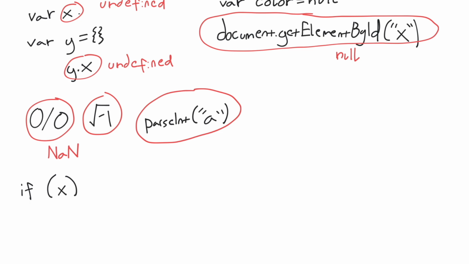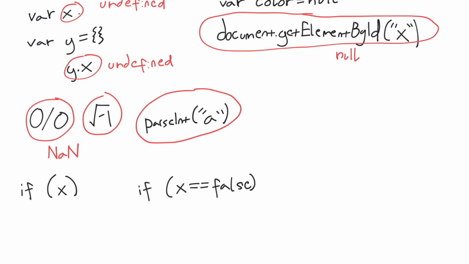So how can we check for these values in a more clear and precise way? If we would say if X equals false, you'd think that that might be more clear. But there's a problem. This is the equality operator.